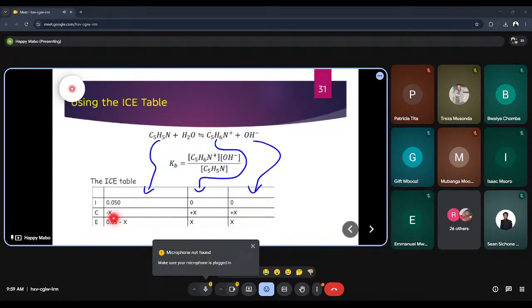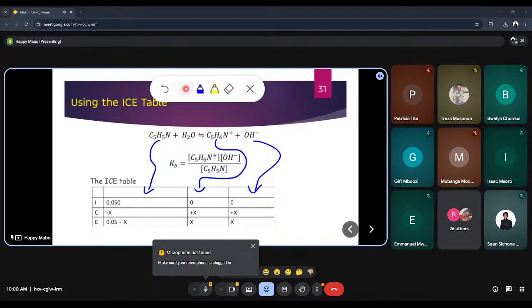Then the changes: the pyridine concentration decreases, while the protonated pyridine concentration increases, and the concentration of hydroxide ions also increases. Then at equilibrium, we indicate the concentrations in terms of x. So it's 0.05 minus x, and x, and x.